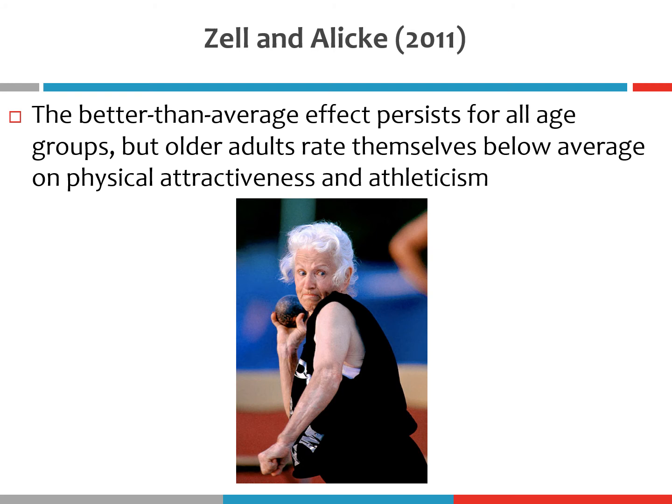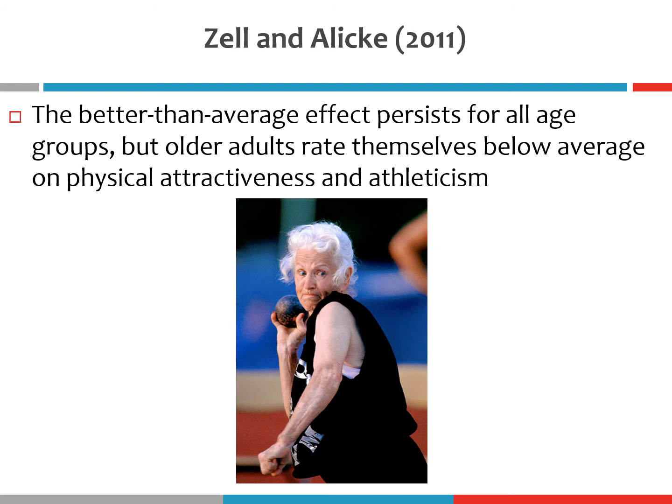So just consistent with the previous slide, most of the time, each age group displayed the better than average effect. Okay? So for almost all of the traits, people thought they were better than average. However, in areas in which older adults tend to decline, right?